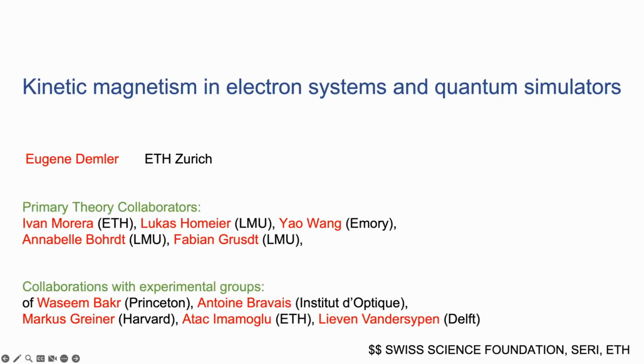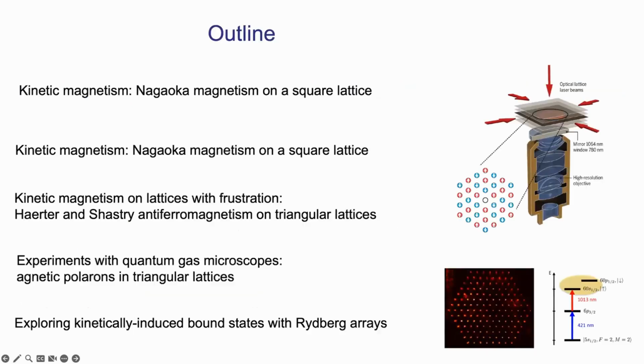So I'll show you some of the results from Wasim's experiments. Also results from recent experiments in Antoine Bravet's group, and also Marcus and Attach's experiments. And there was also an earlier experiment in Wim van der Sijpen's group, which I will use to illustrate some of the ideas.